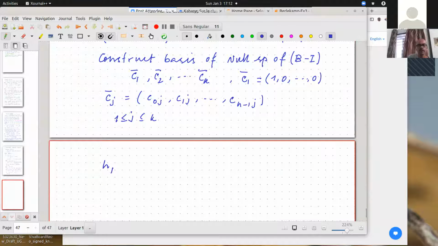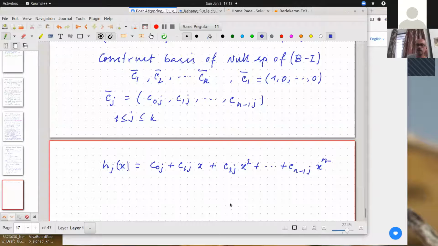Then we write down these polynomials h_j(x), whose coefficients are coming from here. So c_0j is the constant term, plus c_1j x, plus c_2j x squared, and so on and so forth, up to c_(n-1)j x to the n minus 1.